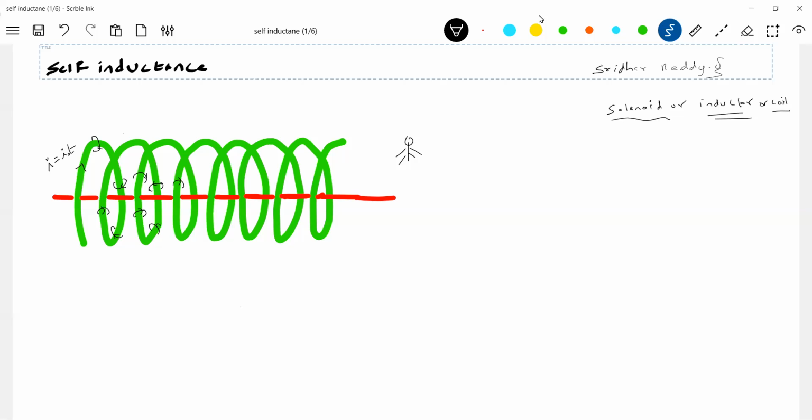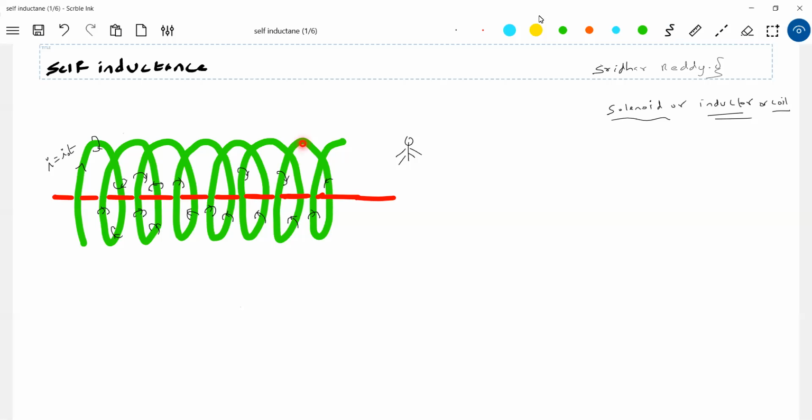You can show them everywhere here, but I'll show only at 2 points. These will be the lines of force. We have to draw many, but I'm showing only a few.